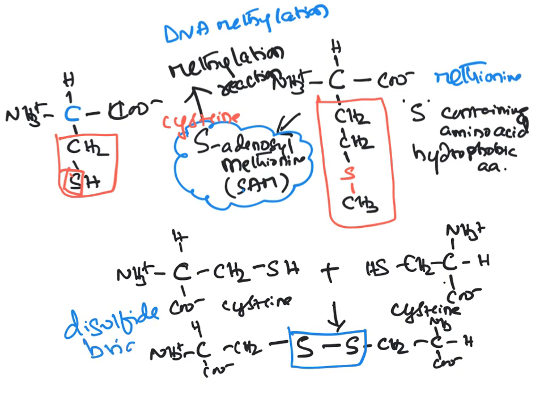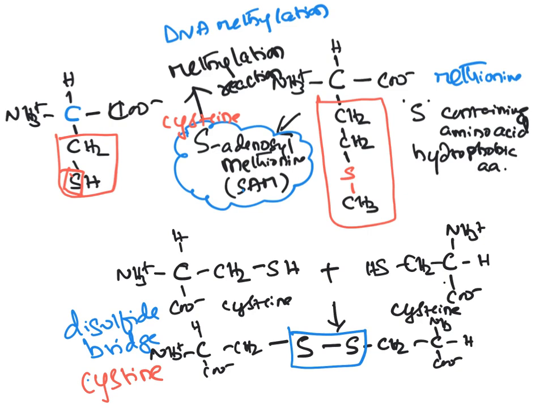The disulfide linkage brings two cysteines together, and this entire molecule, the oxidation of two cysteine molecules, we call cystine. So cystine is an oxidized form of two cysteines.